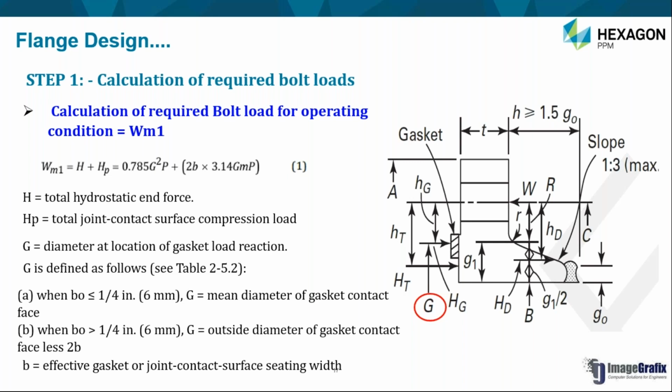So 2b multiplied by pi G mP is the formula. And if you remember, the M factor is the maintenance factor by which we increase this joint contact surface compression load, so that even after relaxation of your gasket, there will be enough compression load on the gasket so that it will not leak. Clear?